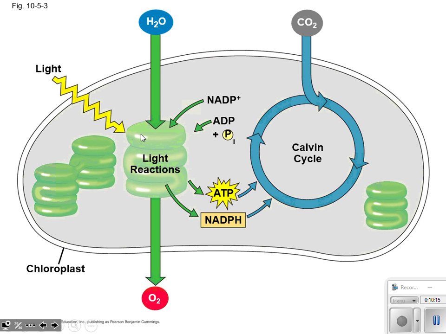And what is produced in the Calvin cycle? Glucose. So the end product is going to be glucose. So go ahead and get that colored, and then we'll talk about these more after you get those colored.